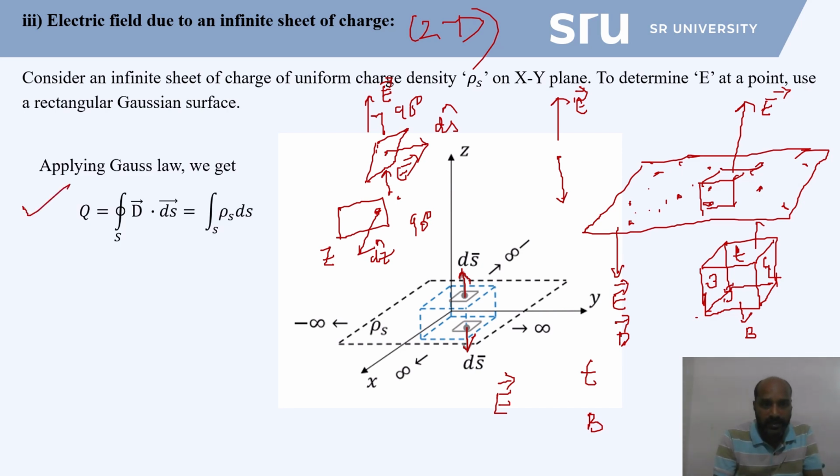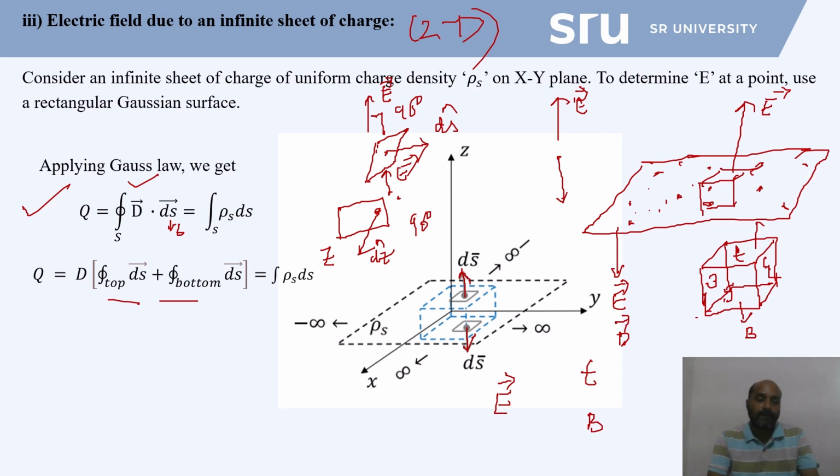So this is Gauss law in terms of D. Here we should write six integrals because there are six surfaces, but we are not considering all six surfaces. We are considering only top and bottom, because for the rest of the four surfaces the electric field is not perfectly perpendicular.